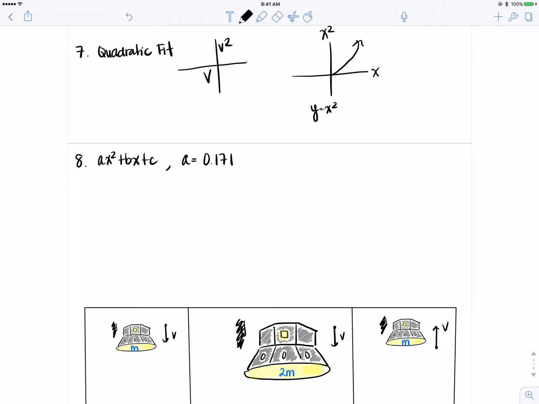And the question says, does your graph match the equation for kinetic energy? If so, how can you tell? Well, my formula for kinetic energy, which is on the y-axis, is 1/2 mv squared.